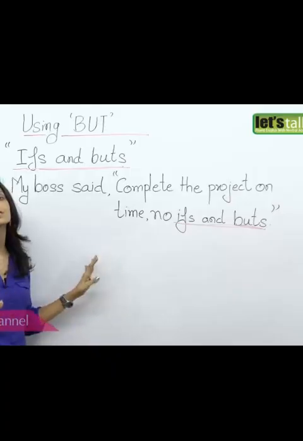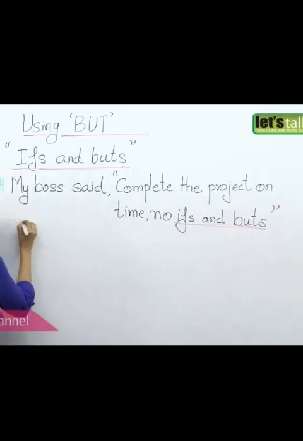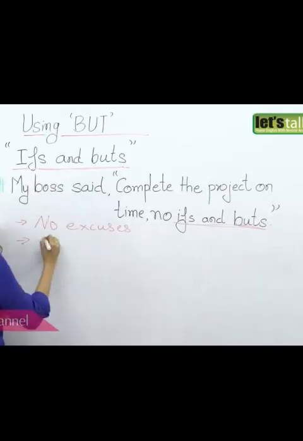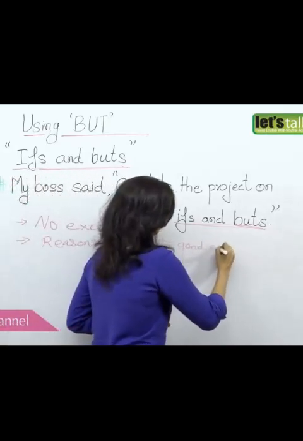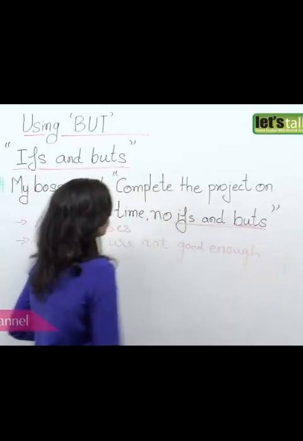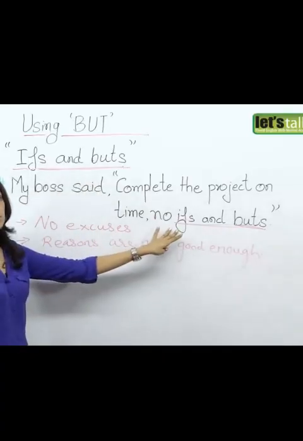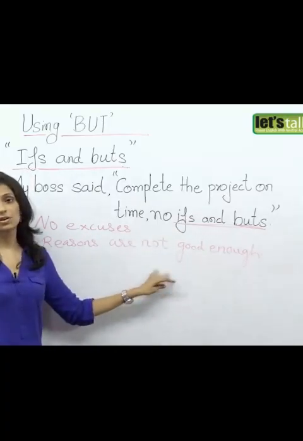No ifs and buts. That means no giving lame excuses or reasons. Okay, friends, so when you use the expression no ifs and buts, you say no excuses, or the reasons that you're giving are just not good enough.